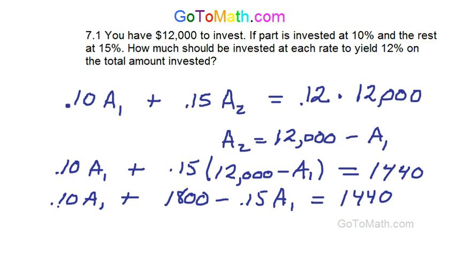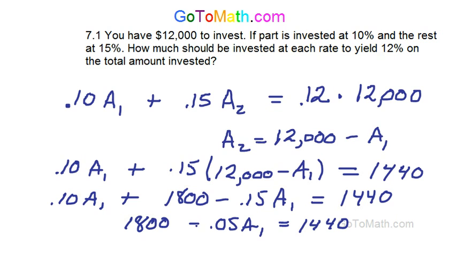Now let's collect up our like variables. We've got this 0.10 minus 0.15, and that's going to give us 1800 minus 0.05 A1 is equal to 1440.